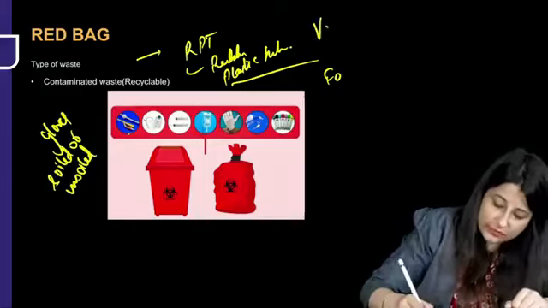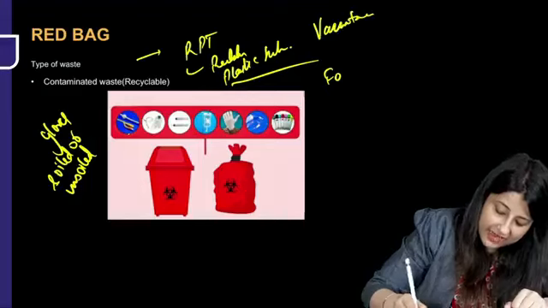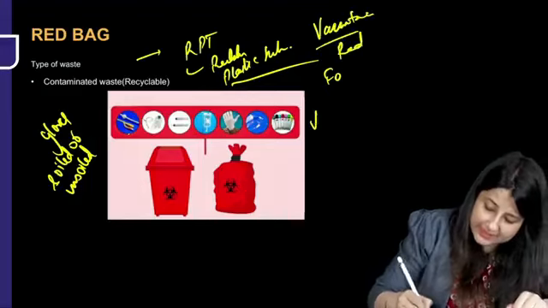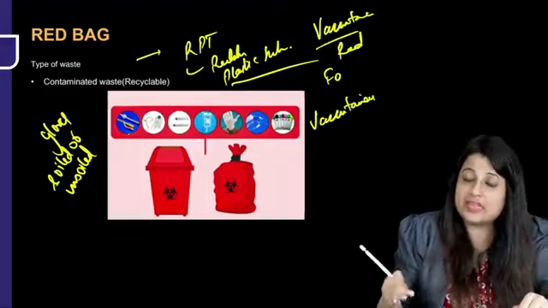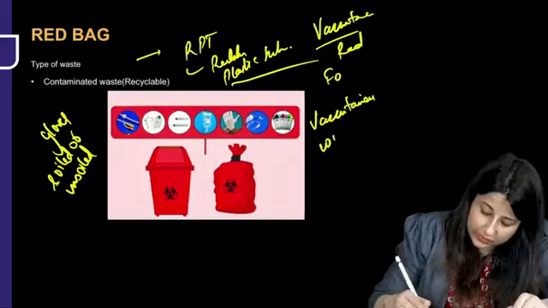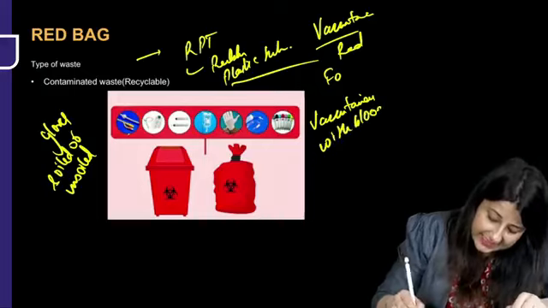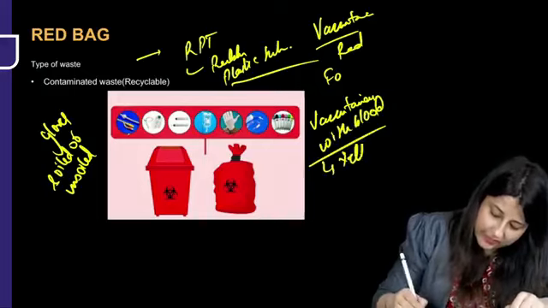And also vacutainers if they are empty, vacutainers in red, but please remember, if you get a question where the vacutainer is contaminated with blood, so vacutainers with blood in it, guys, where is this going to go, everybody? Yellow.